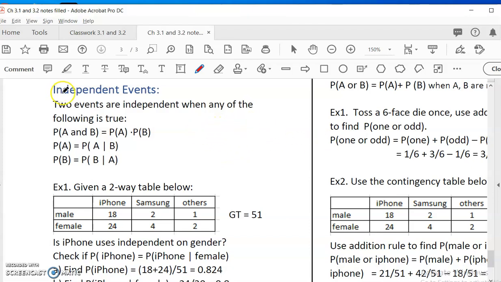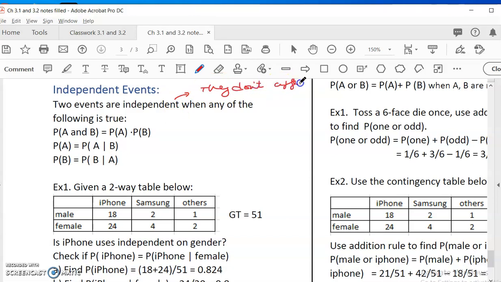The other term that we want to understand is called independence. Independence talks about whether they affect each other. When two events are independent, then the probability of A and B is exactly the probability of A multiplied by the probability of B. So in a nutshell, independence means they don't affect each other.